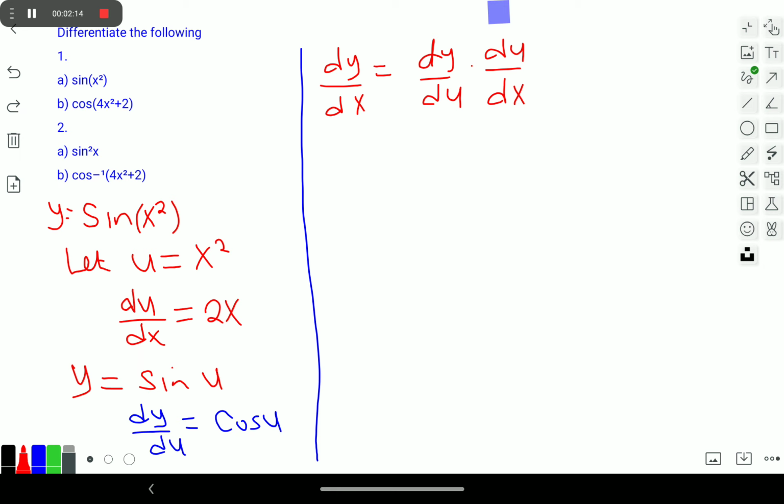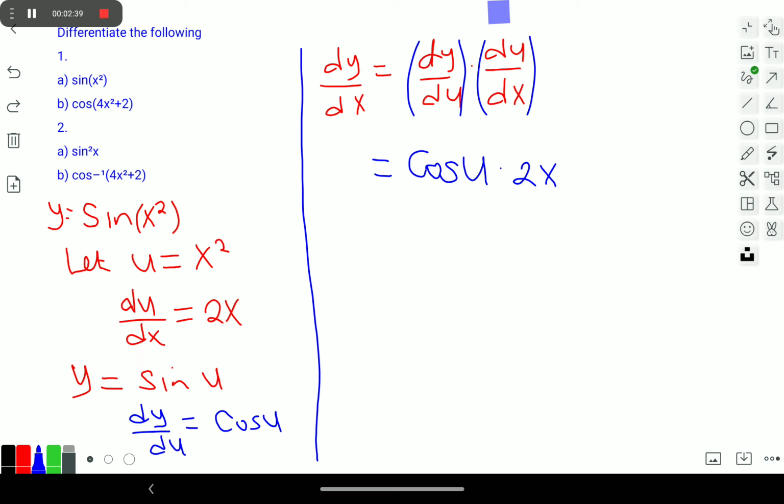At this point we have dy/du, and also we have du/dx. Then we substitute: dy/du is equivalent to cos u, and du/dx is the same as 2x.